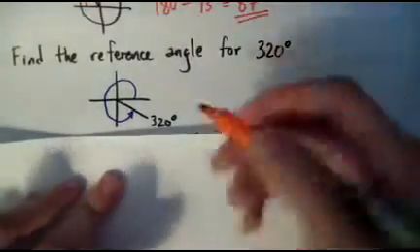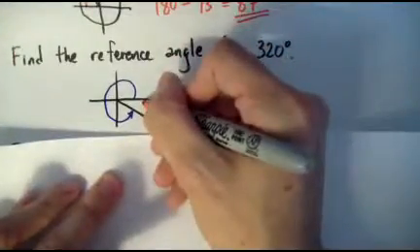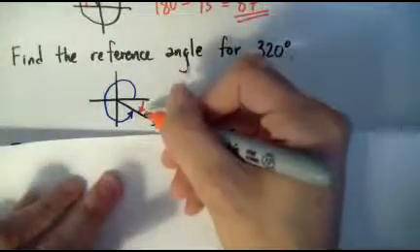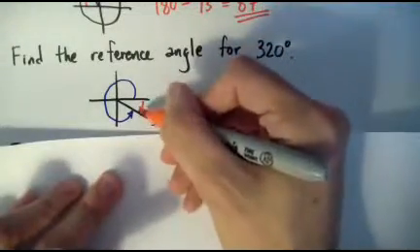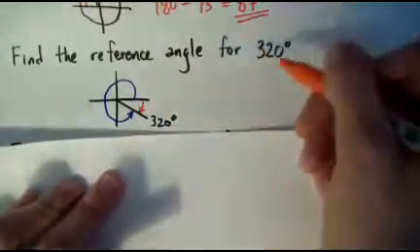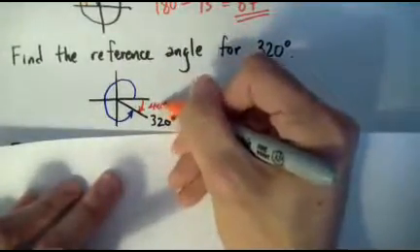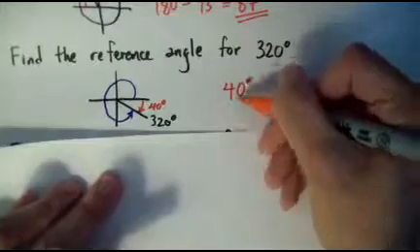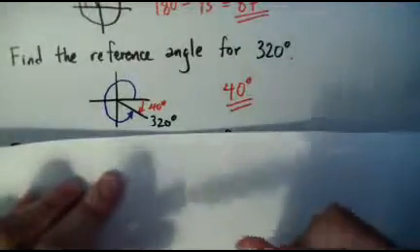Since 360 degrees is over here, our reference angle is going to be that little bit left over, the acute angle formed by our angle and the x-axis. That's the difference of 40 degrees. So 40 degrees is the reference angle for 320 degrees.